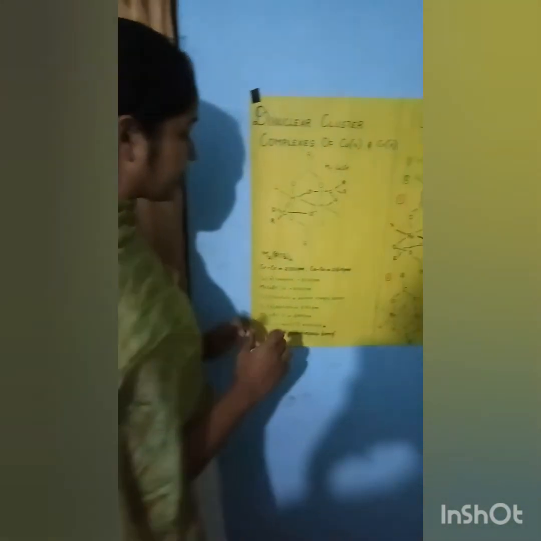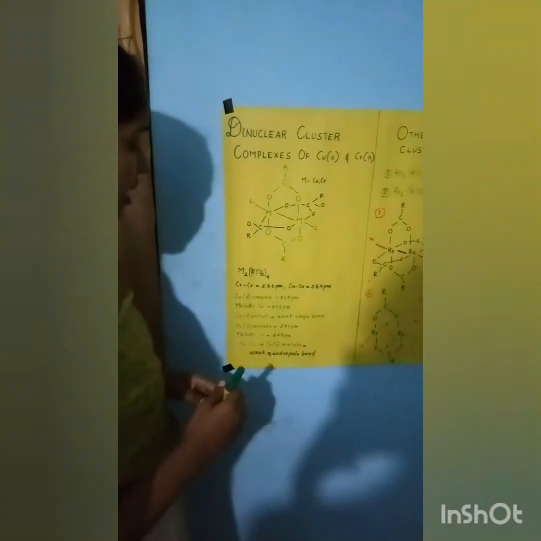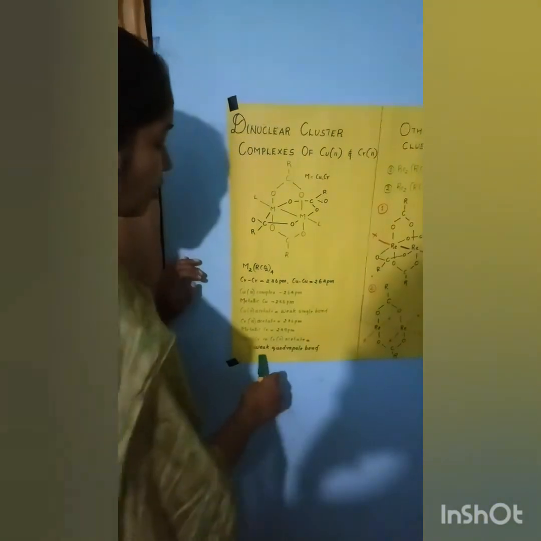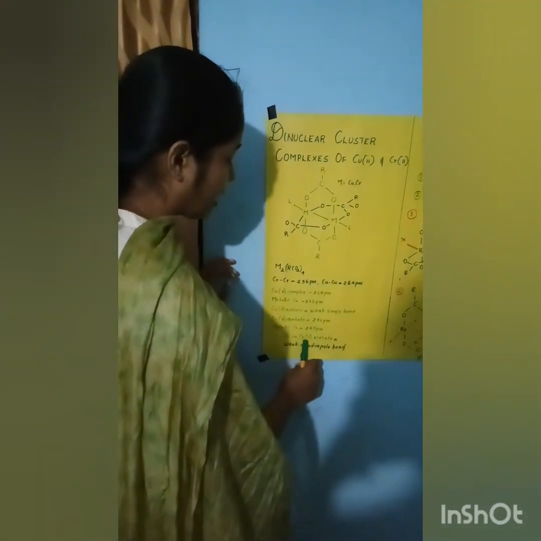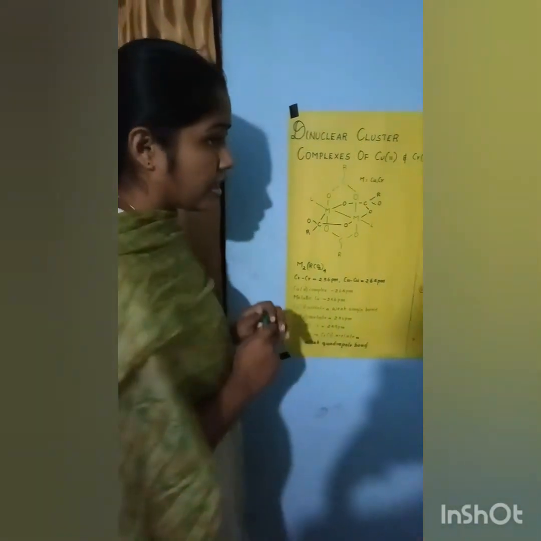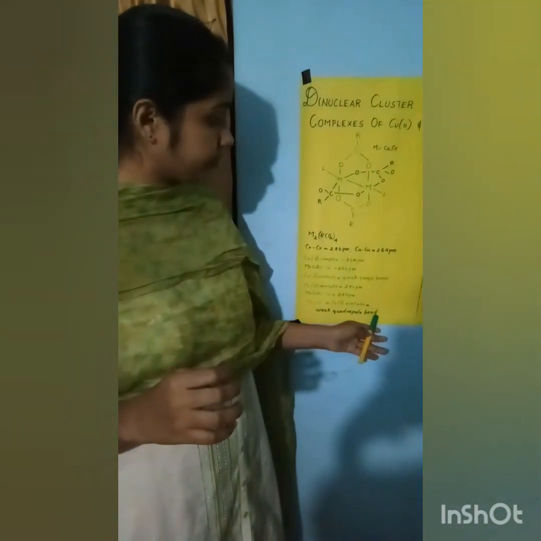All this evidence and the orbital symmetry correspond to a weak quadruple bond in chromium(II) acetate. Also, the bond strength of the Cr-Cr bond is somewhat stronger than that of the Cu-Cu bond.